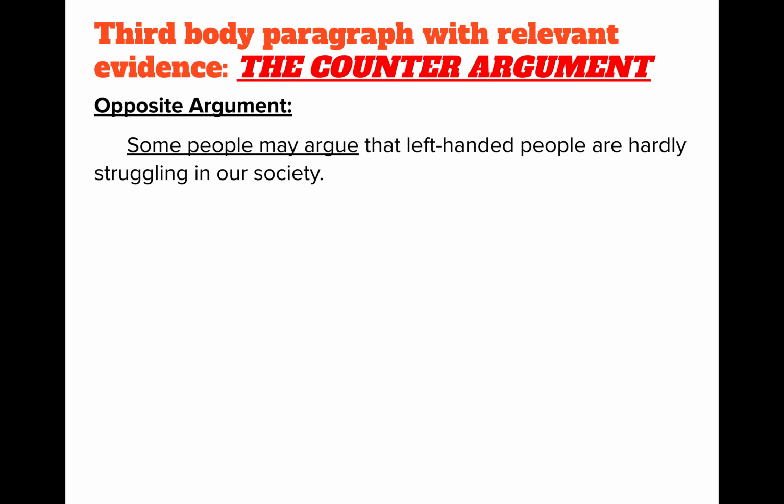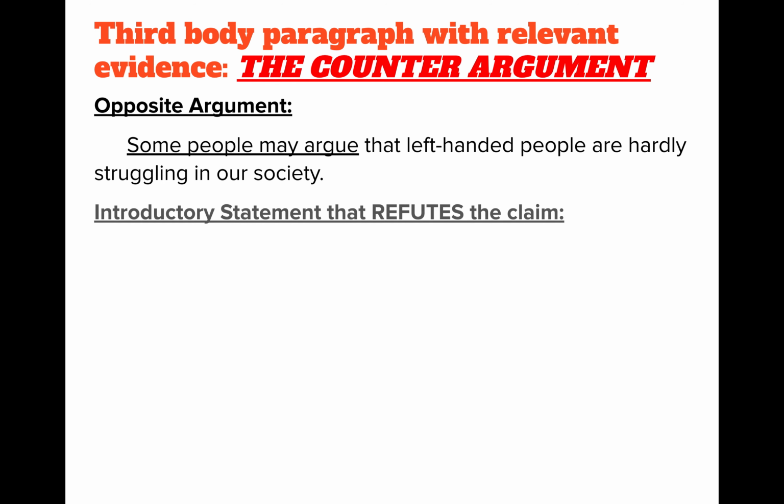Some people may argue is one way to start this. You could also include opposing viewpoints are, or be specific and name a certain population. If you're arguing against LGBTQ rights, you could say that religious communities often believe, and that would introduce an opposite argument. So there are different ways that you can do this.